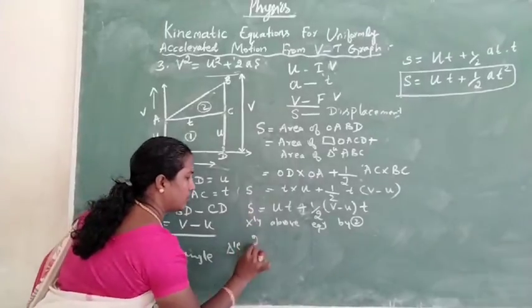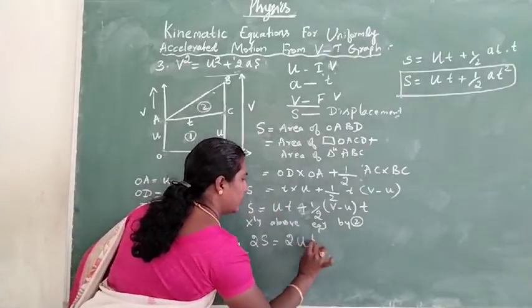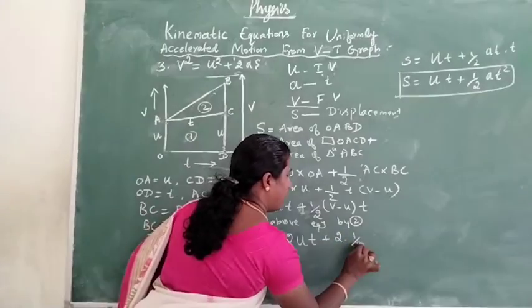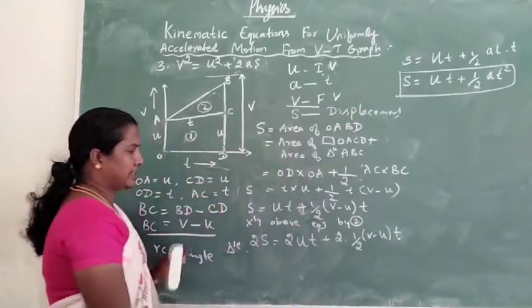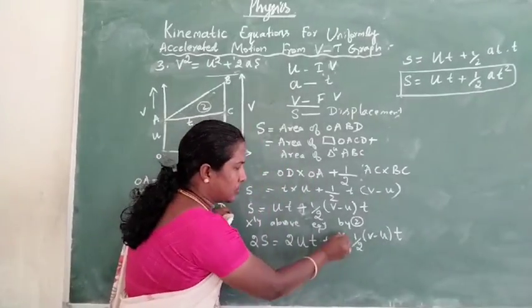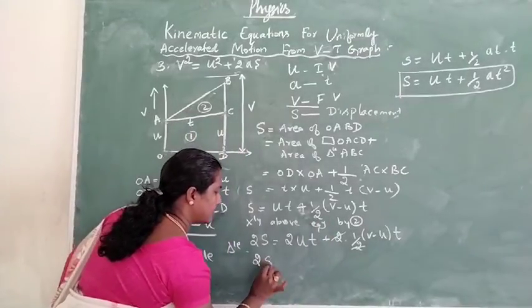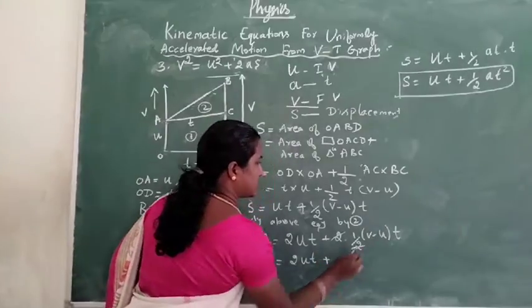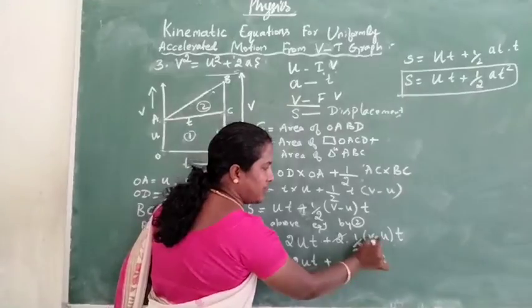That means 2S is equal to 2UT plus 2 into half into V minus U into T. See the second term, these 2 get cancelled. That is 2S is equal to 2UT plus V minus U into T.